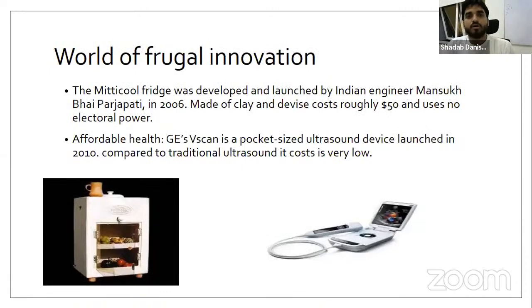Looking at the word frugal innovation, you already know frugal innovations are grassroots innovations, which say that there is enough potential here, right? The mitticool fridge was developed by the Indian engineer Mansukh Prajapati in 2006. The device costs roughly $50 and uses no electrical power.